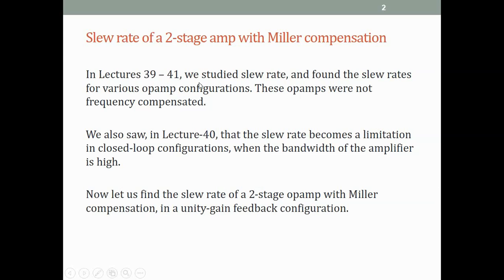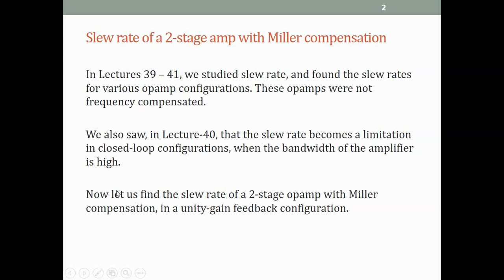But at that time, we had not studied frequency compensation, so those op-amps were not frequency compensated. We also saw during these discussions of slew rate that for high gain amplifiers, slew rate becomes a limitation only in closed loop configurations when the bandwidth of the amplifier is very high.